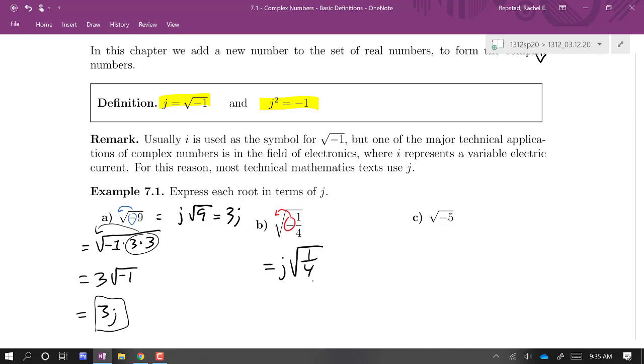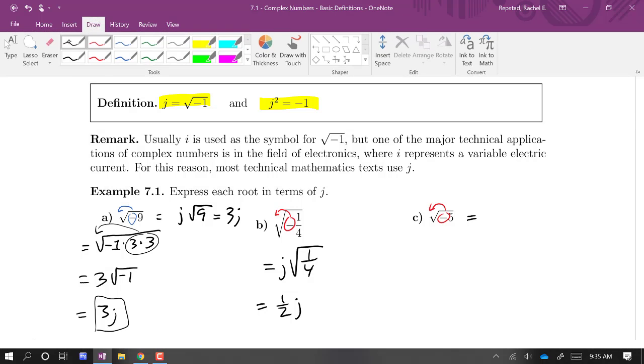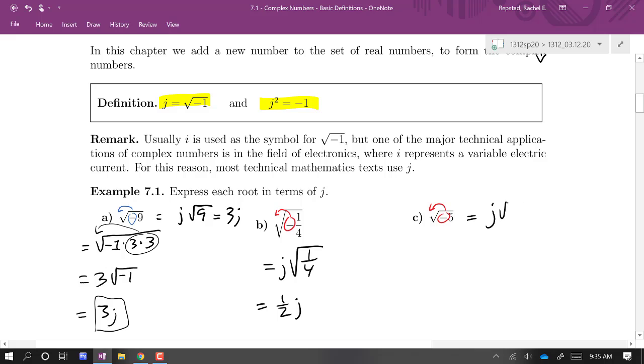The square root of 1 over the square root of 4, which will give us 1/2, yeah. So 1/2 j. And the square root of -5, we're still good, we have a negative, so we're going to pull out the j. But in this case, that's all we can do. So it's just j root 5.